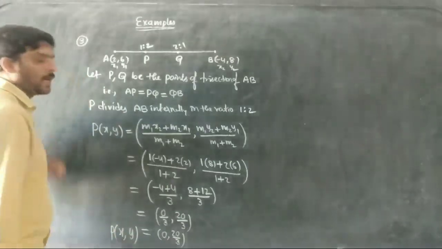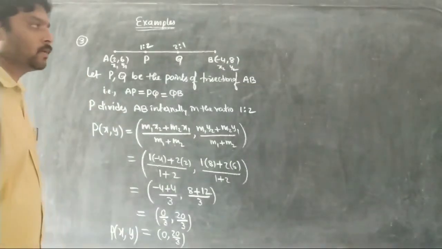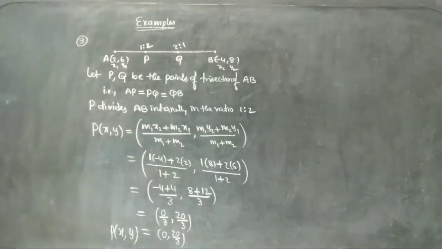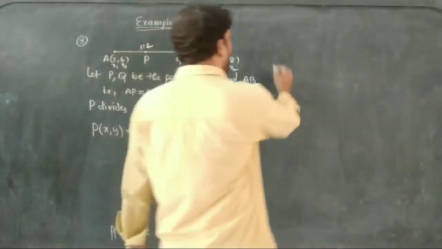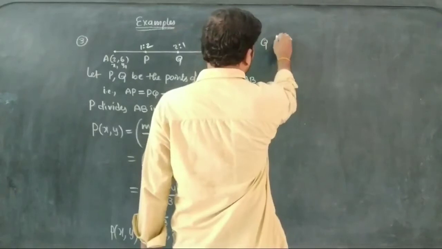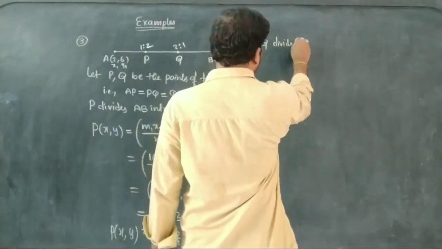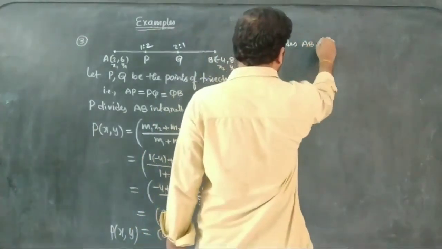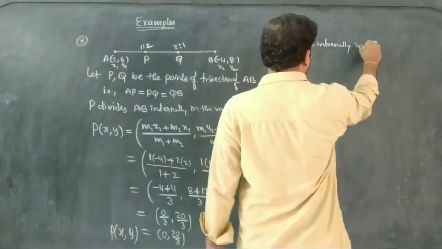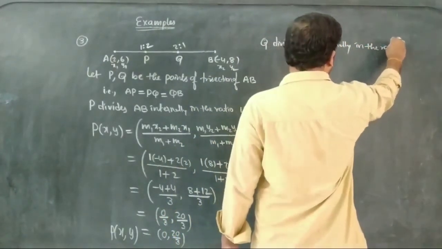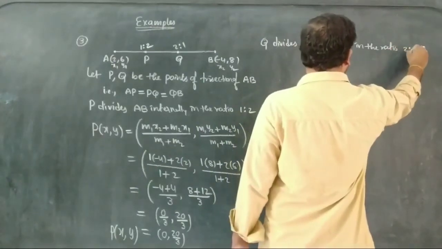This is the point P(x, y). Similarly, we can find the point Q also. Now we can find point Q. The point Q(x, y) means Q divides AB internally in the ratio 2 is to 1.